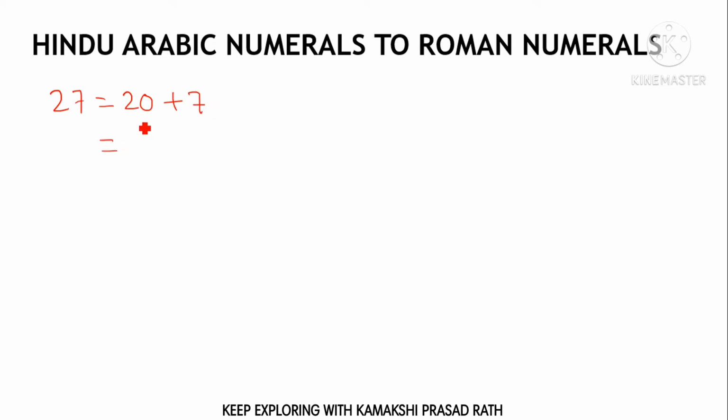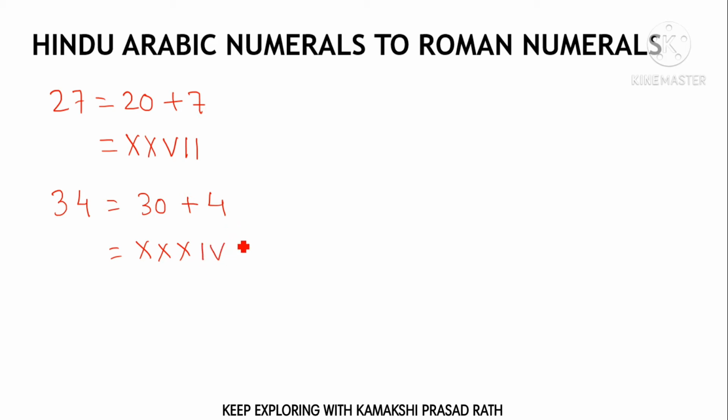The basics you have to remember: 20 is XX, and 7 is VII. That is 27. Similarly, if I write 34, that is 30 plus 4. For 30 we use XXX, and for 4 it is a small-big group, so we use IV.